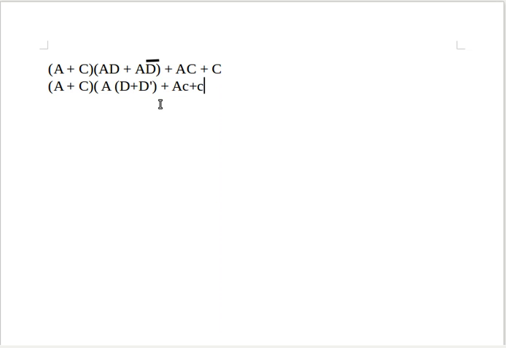Or C. Now look at this. What does this equal? D, not D. If D was 0, not D is 1. Or is 1. If D was 1, D naught was 0. So this will be 1 all the time, or true, or on.